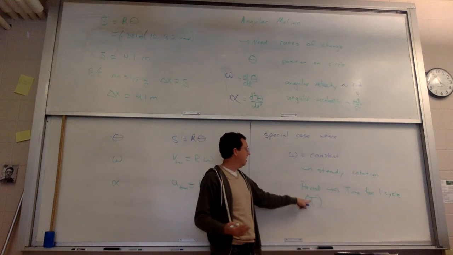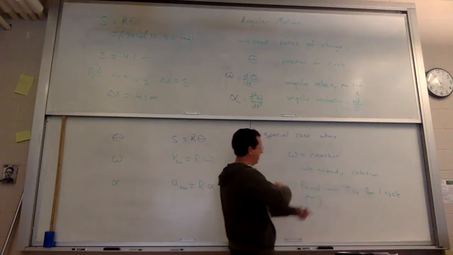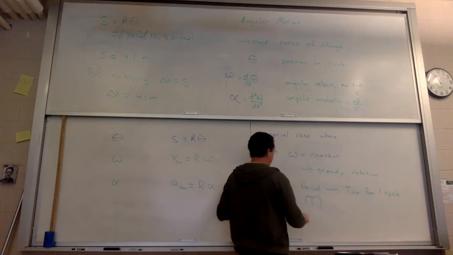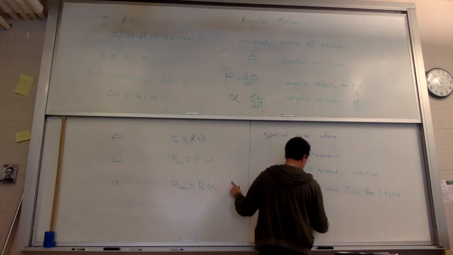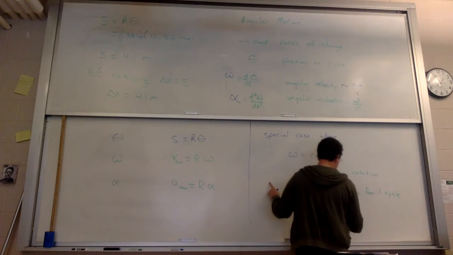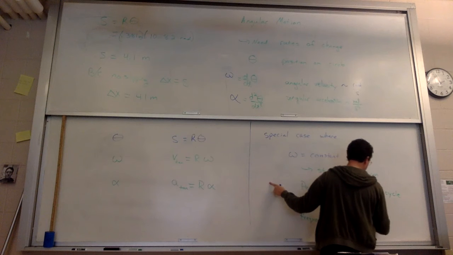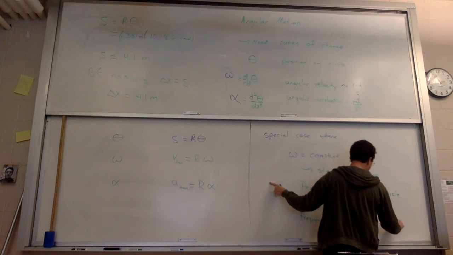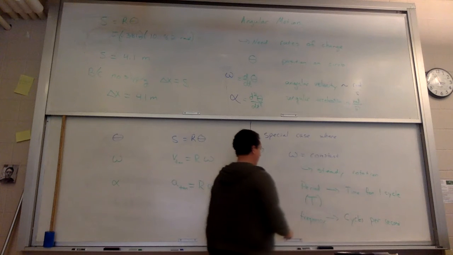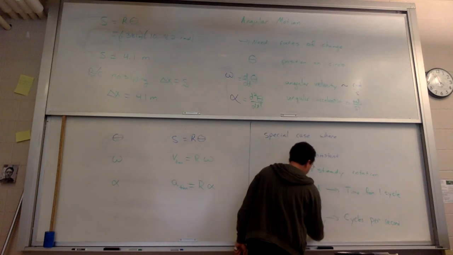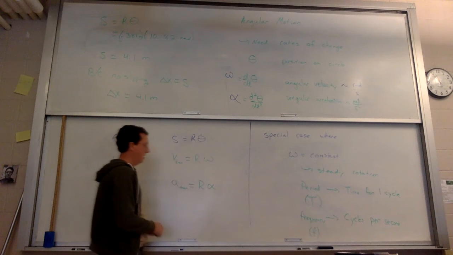Gotta keep them straight. T is a length of time for one cycle. Frequency measures cycles per second, or cycles per time. And the symbol we use for that is f, lowercase f, not friction. Keep them straight.